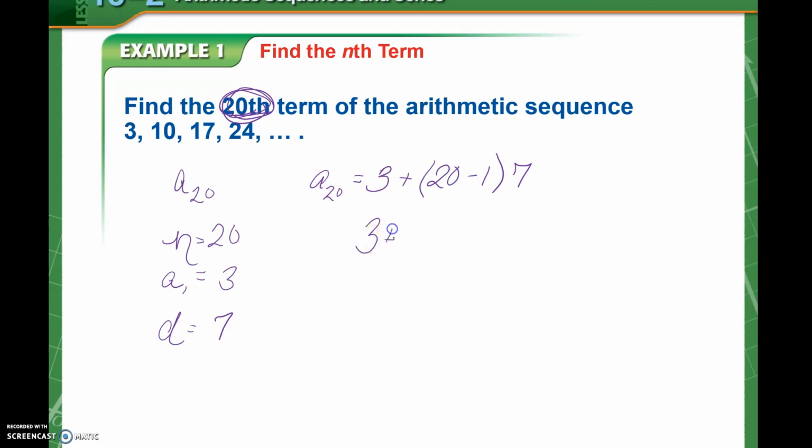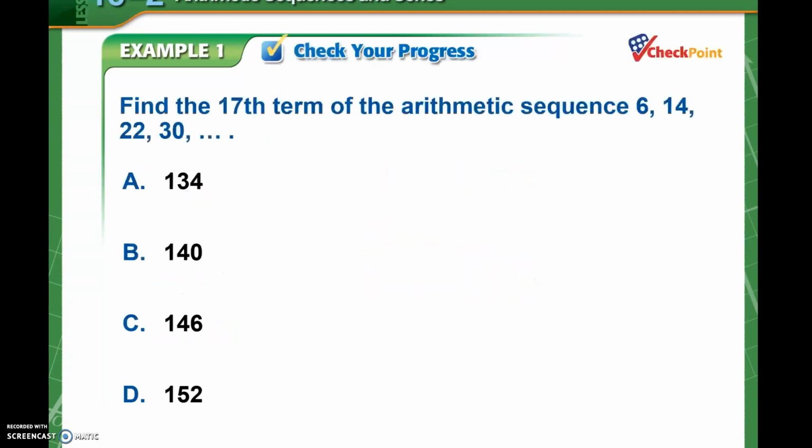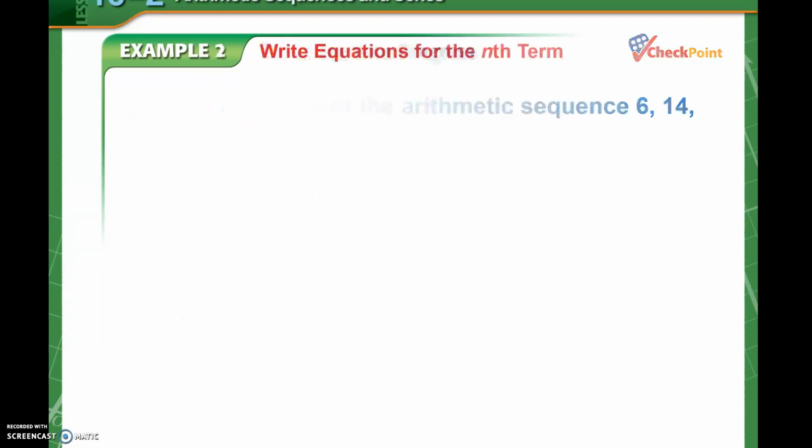So 3 plus 19 times 7, 3 plus 133 equals 136. So that's the 20th term in this sequence. Sometimes they'll give it to you in written form like we see here, or sometimes it might look like this, and that also means that we're looking for the 17th term.